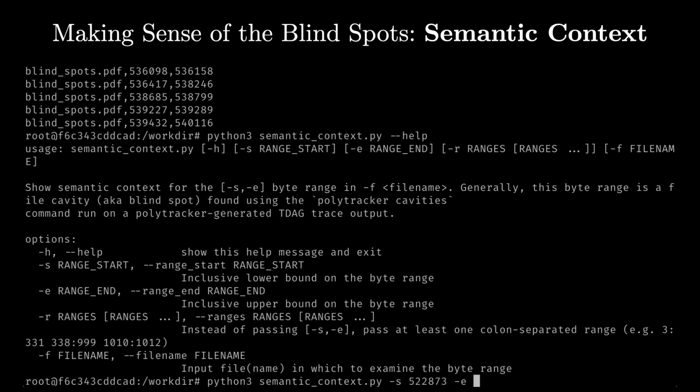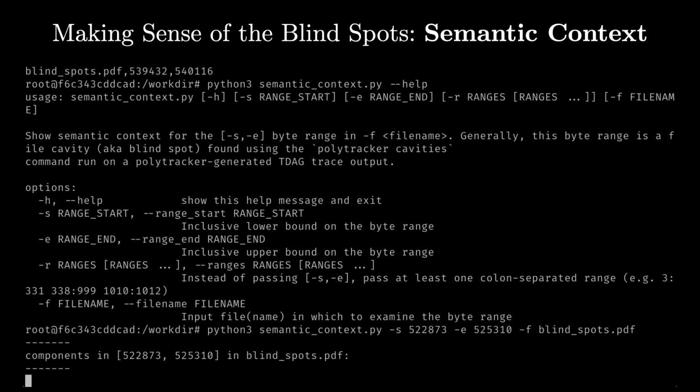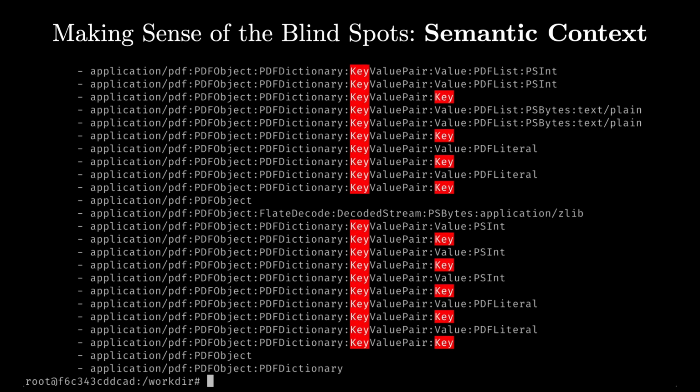So here we're giving the specific byte offsets that we're interested in and the original file. And we can immediately see the various parse tree derivations for the locations of the blind spots and see that they are almost all occurring within PDF dictionary key value pairs. So these particular blind spots that we chose to analyze are likely key value pairs that are not important for rendering.